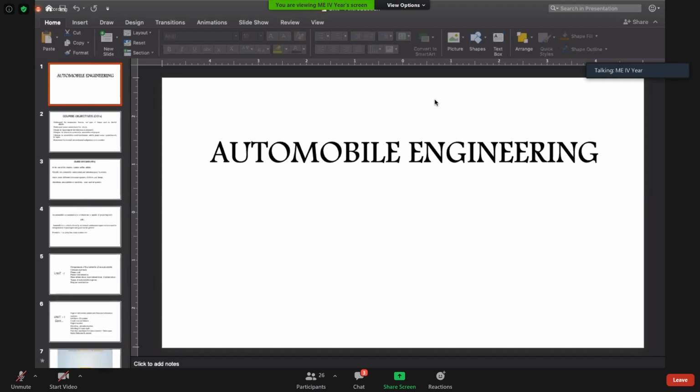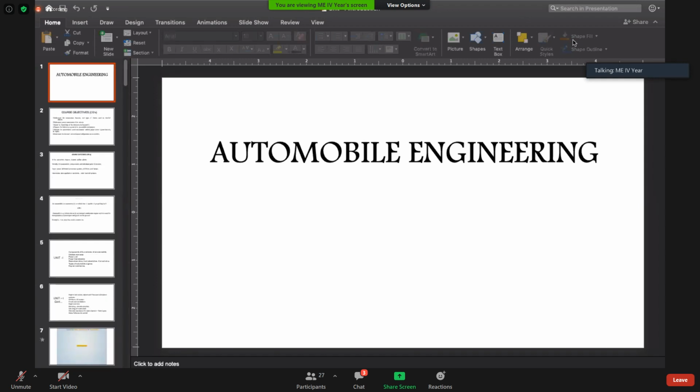Now here is the question for all of you. Since we are discussing the differential, and just now one of your friends has said that while taking a right turn, we need more RPM on the left side wheel. Am I correct, Vishnu? Yes, sir. If we want to take a right turn, then the wheel on the left side should have high RPM as compared to the right side wheel.